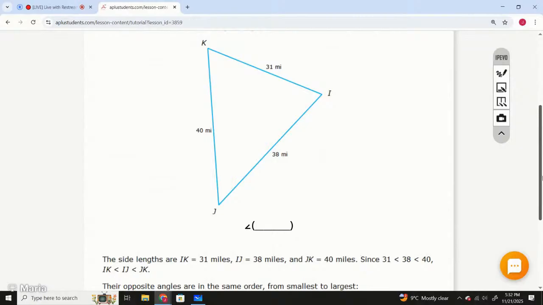So 31 is less than 38 and less than 40. That means IK is less than IJ and less than JK. The opposite angles are in the same order from smallest to greatest.